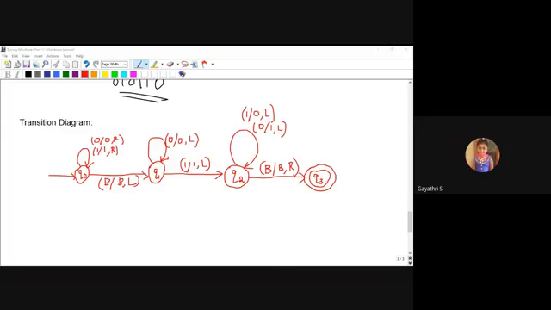Transition diagram. Okay. If your input string is 10101, this is your input. See, reading the first 1, we are in the state q naught.